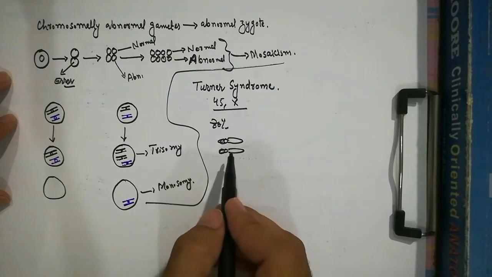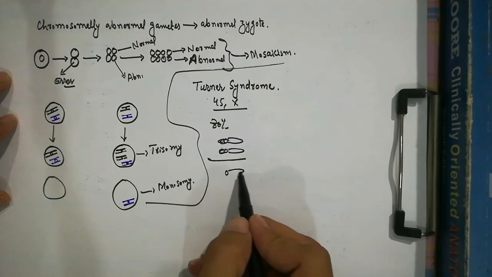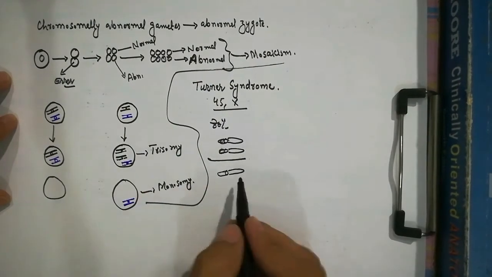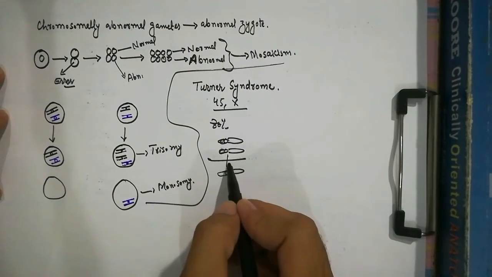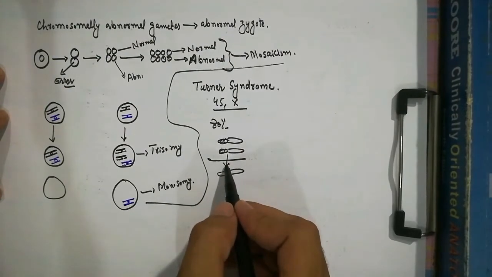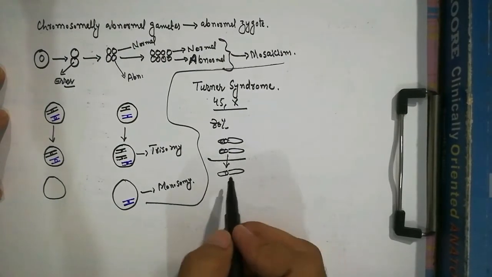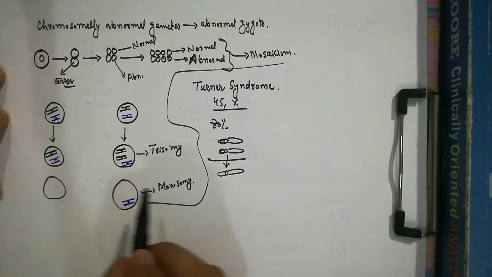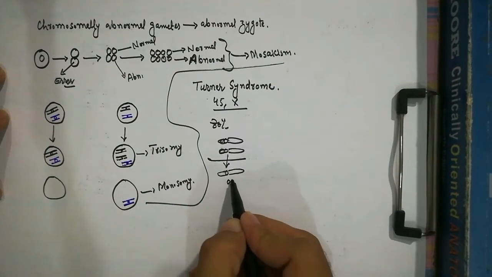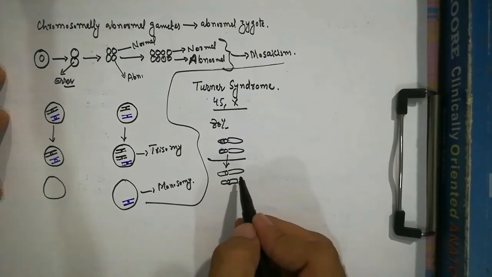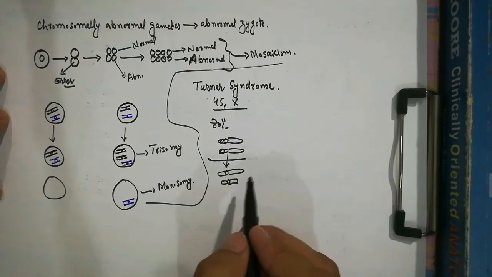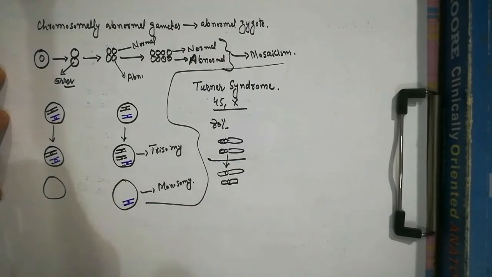And if in this homologous pair a whole chromosome is lost and a single chromosome is present, this is monosomy. But if a part of a chromosome breaks and is lost, this is called partial monosomy.